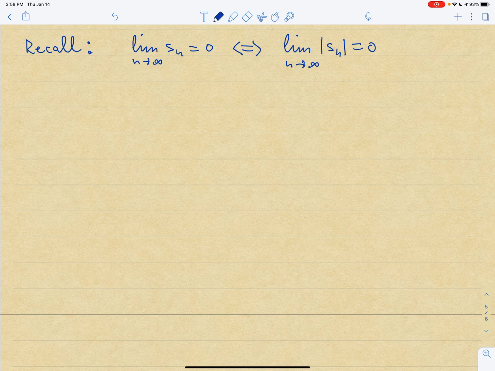So now I want to use this fact to prove several examples that I'm going to demonstrate next. So let's look at example number 2.